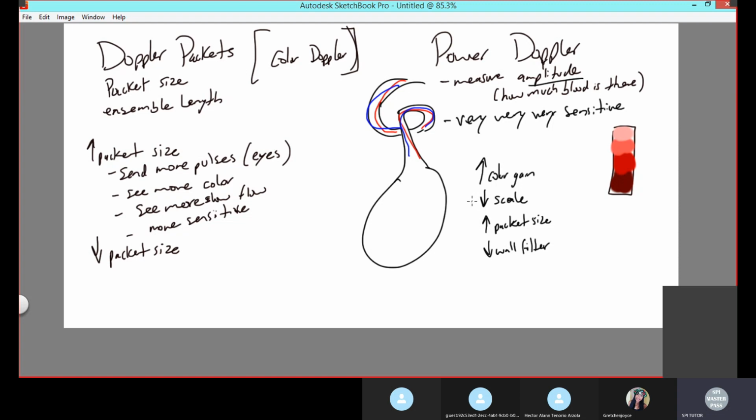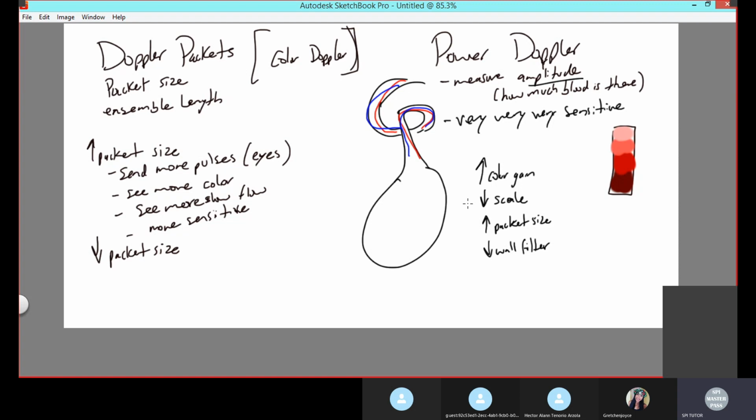So your last resort should be power Doppler, because power Doppler says, I'll pick up anything that is there. Anything. This is the one that's very, very, very sensitive. Remember, it does not pick up velocities. Its job is to show you there is at least something there.